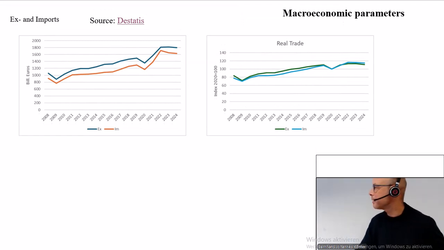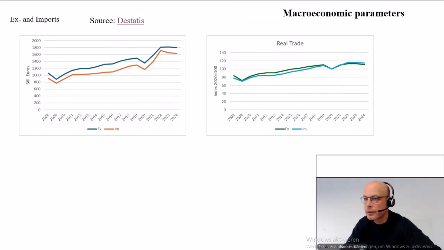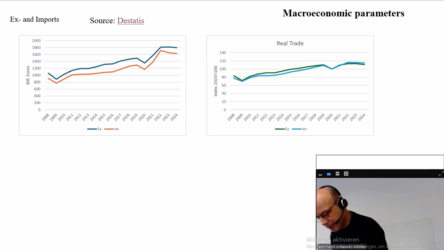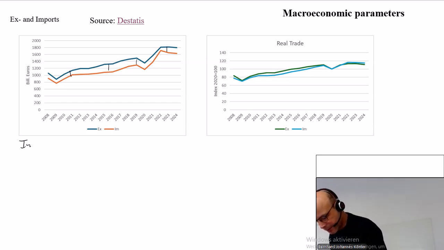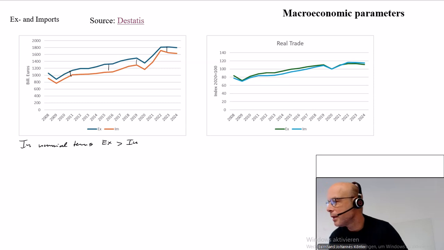Yeah, and I think just comparing here nominal and real numbers is also quite interesting because in general you find here in nominal terms exports are always larger than imports in your country.